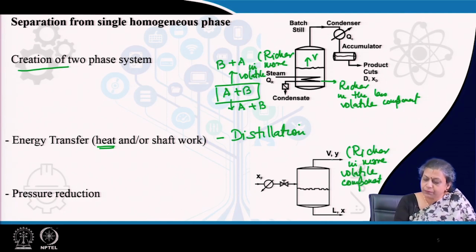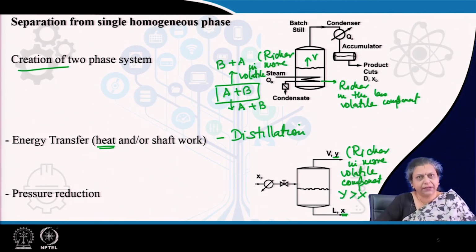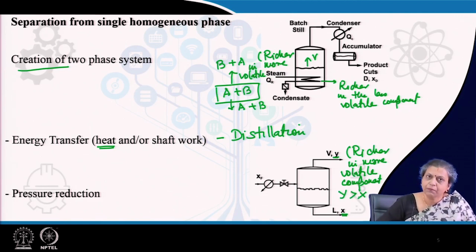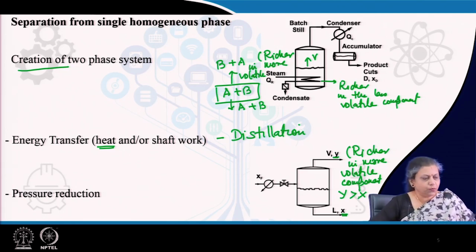So, generally the composition of the more volatile component in the vapor is denoted by Y, and the composition of the more volatile component in the liquid is denoted by X. And by this particular process, we always obtain Y to be greater than X. So, this is one particular way of attaining separation of components from a single homogeneous phase.